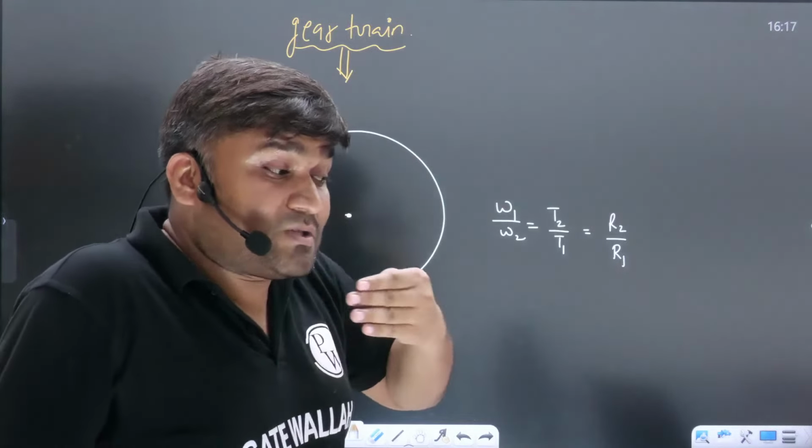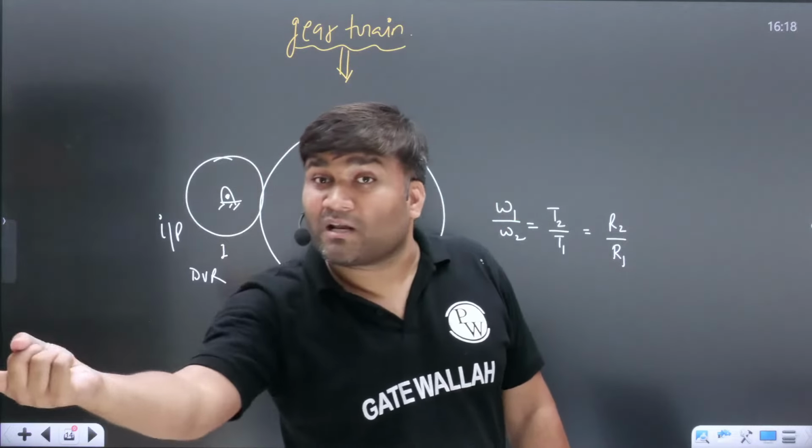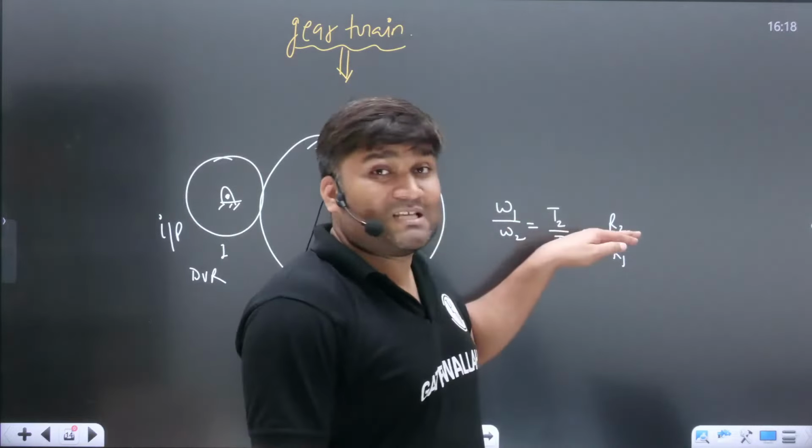Now imagine, beta, there may be certain applications where I want to increase the torque of the motor. To increase torque, that means velocities must be reduced. To reduce velocities, the size must be increased. To increase torque 50 times, you have to reduce the speed 50 times, that means size must be increased 50 times. Now a very small input gear is connected with another output gear which is 50 times larger.